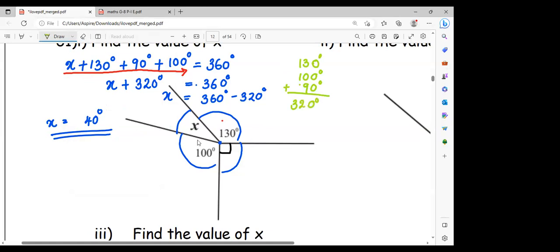Then we know that the sum of the angles around the point equals 360. So you can subtract 320 from 360. Then we obtain 40 degrees. So we can equate that answer to x. X equals 40 degrees.